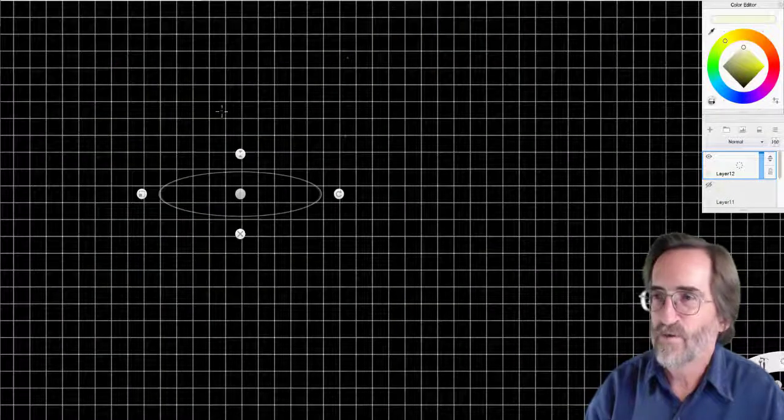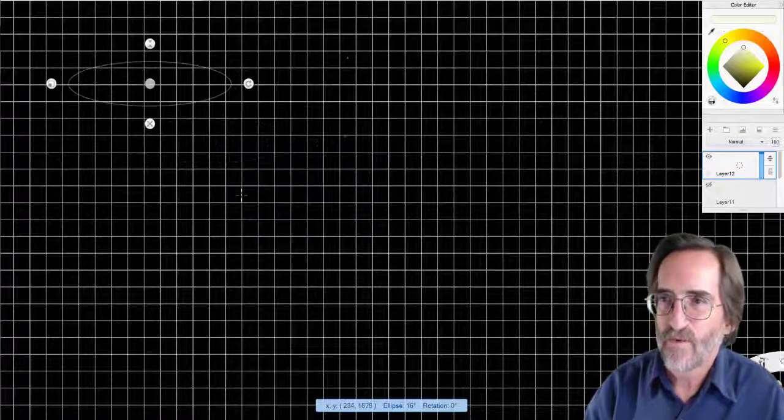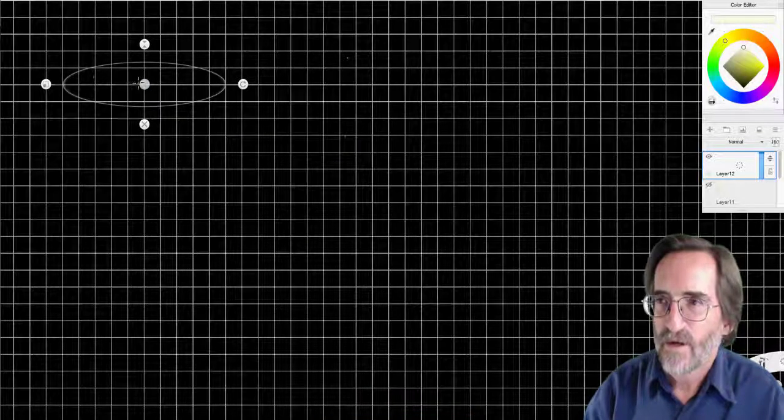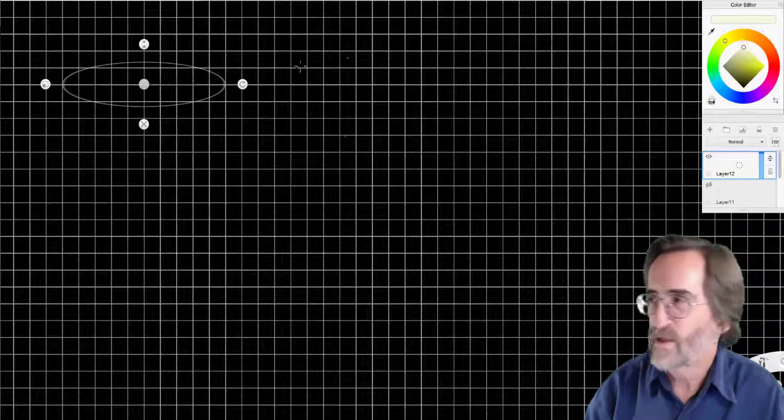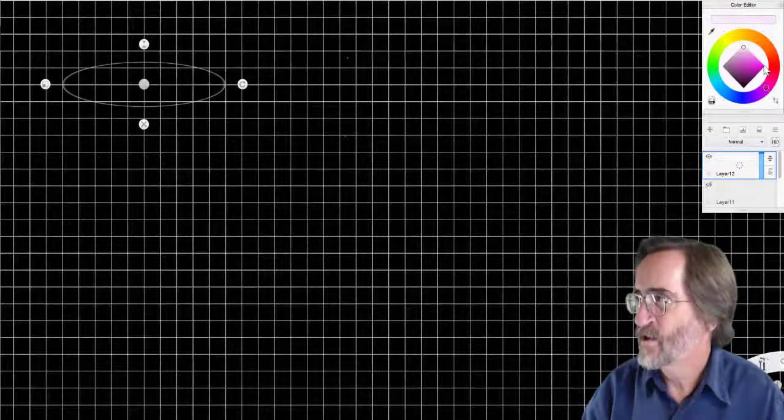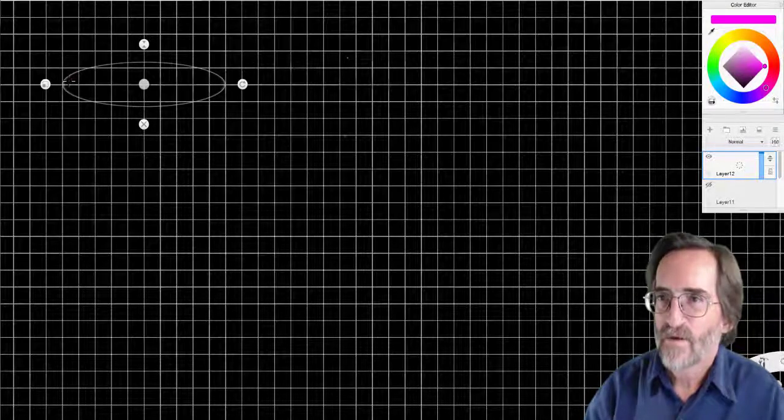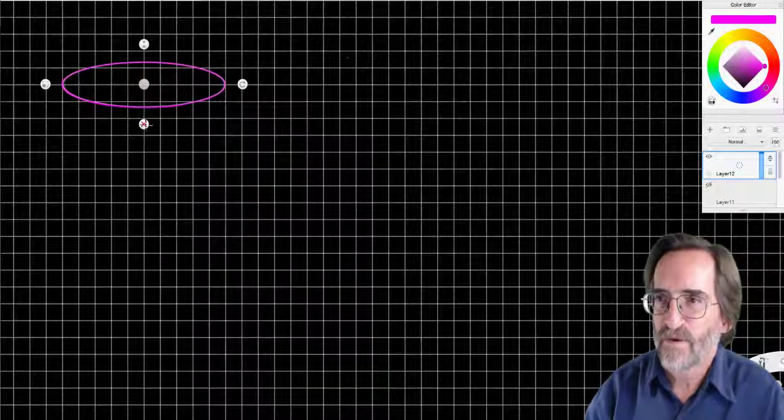So a cone here, let's draw it. We'll draw it upside down here. Here's the center of the cone.